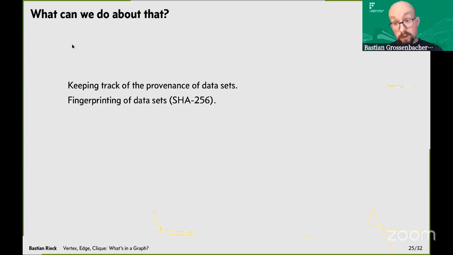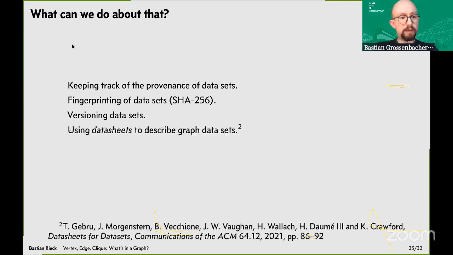We could and we should use fingerprinting of these datasets, something like SHA-256, just to make sure that we're all dealing with the same data, because it's a random binary blob that you download from the internet. You want to make sure that it does what it says, right? We also should think about versioning datasets and make sure that these versions are being communicated to other researchers.